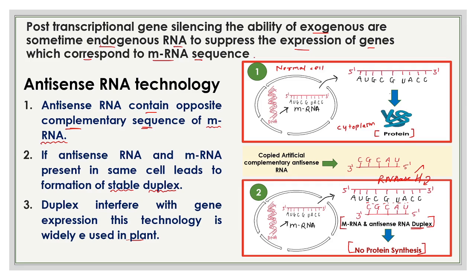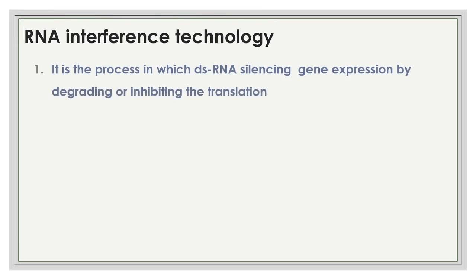Okay. Now we will see the RNA interference technology. What is RNA interference technology? It is a process in which double-stranded RNA silences gene expression by degrading mRNA or inhibiting the expression of that particular mRNA. It means inhibiting the translation. In RNA interference technology, the first important thing is the need of double-stranded RNA.